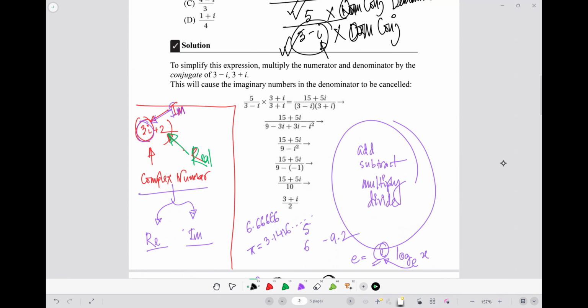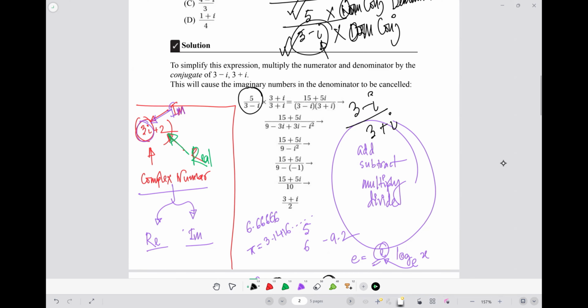That is what they have done. The conjugate of 3 negative i is 3 plus i, because that is how you calculate the complex conjugate for any given complex number.